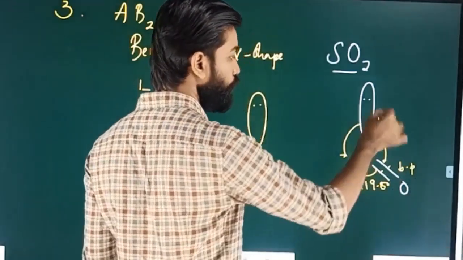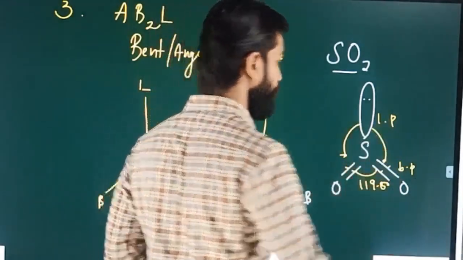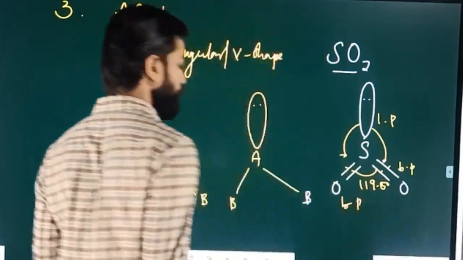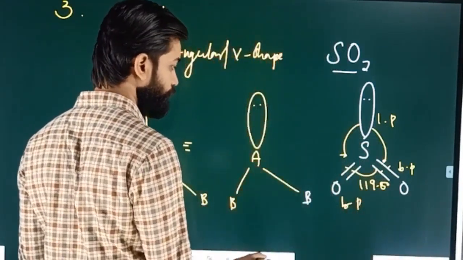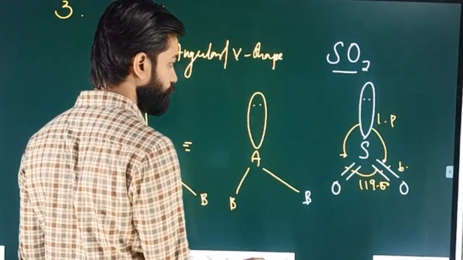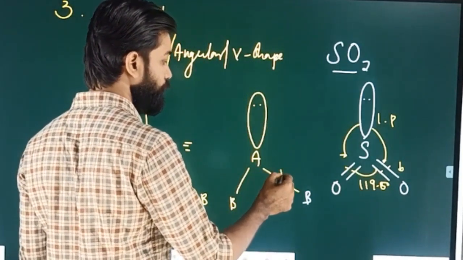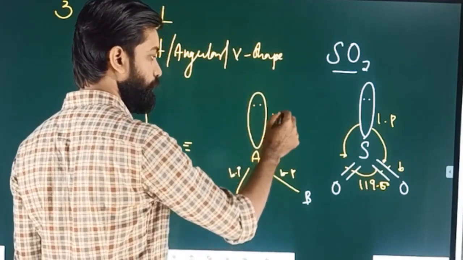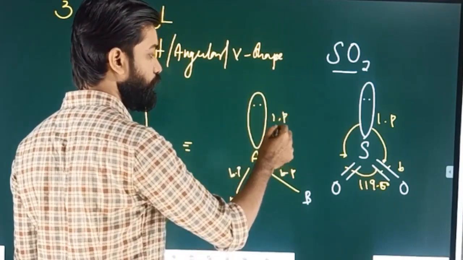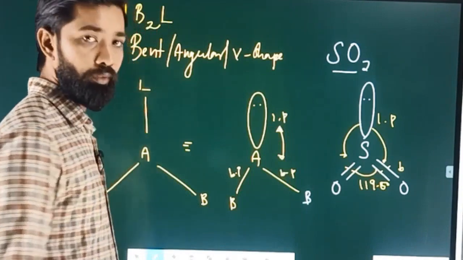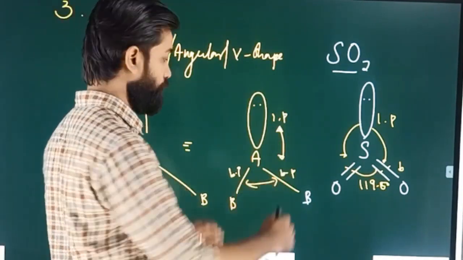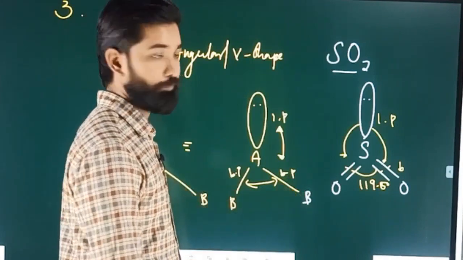Here there are two bond pairs and a lone pair, so there may be repulsion between lone pair and bond pair, which is comparatively stronger than repulsion between two bond pairs.